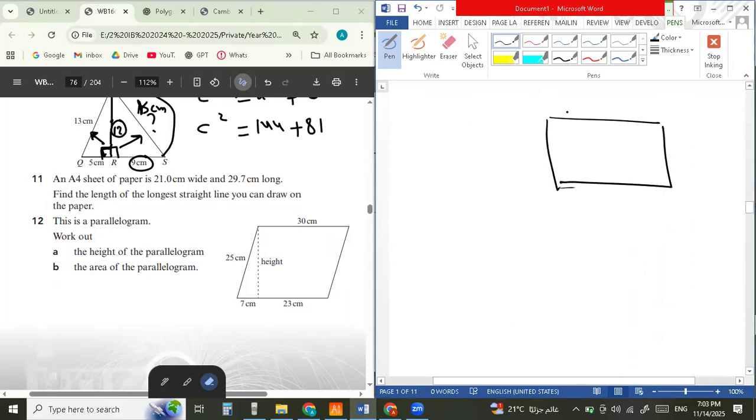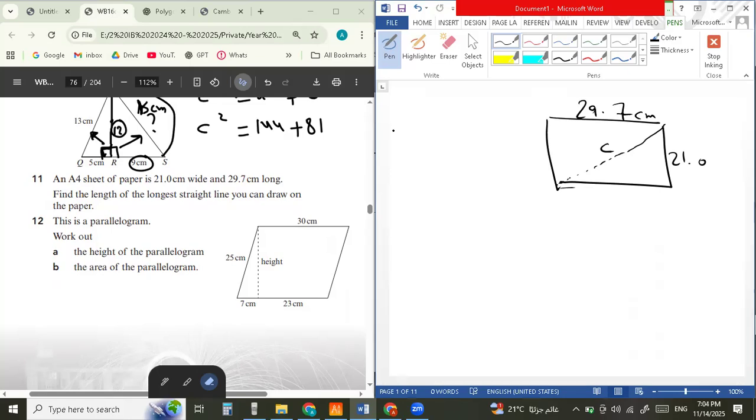They're telling you the length of it is 29.7 centimeters. The width is 21.0. The longest is the hypotenuse, so they wanted this one.